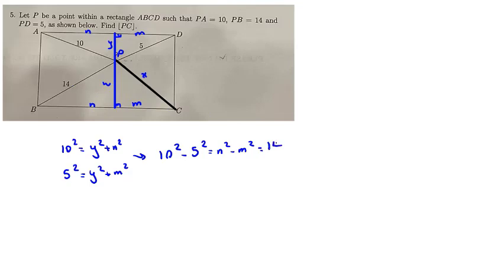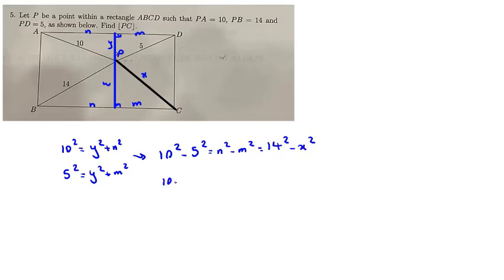So here if we write the Pythagoras theorem, 10 squared equals y squared plus n squared. If we write the Pythagoras theorem here, then 5 squared equals y squared plus m squared. And if we subtract, 10 squared minus 5 squared equals n squared minus m squared. Similarly, for these two triangles, n squared minus m squared equals 14 squared minus x squared.